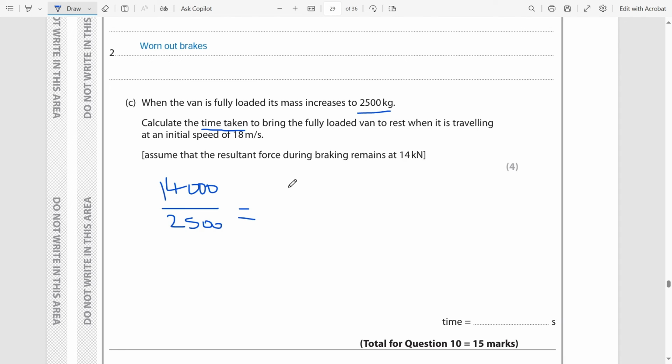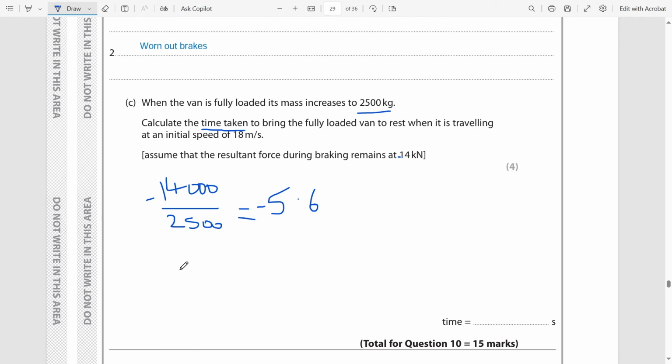That equals 5.6. Actually, we're going to put negative this and negative that. This is actually negative 14,000 because remember that this is going the other direction. We're trying to oppose our thrust.